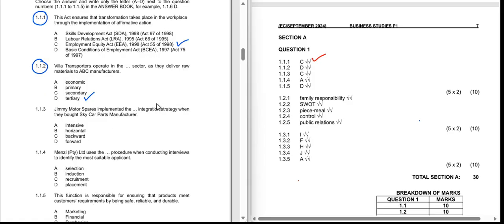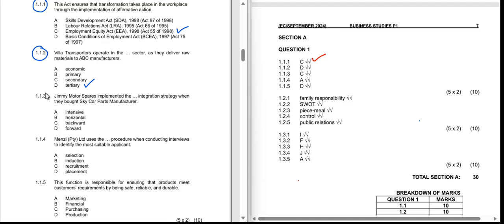I hope that's understandable. The next one, Jimmy Motor Spares implemented the dash integration strategy when they bought Sky Car Parts manufacturers. So Jim Motor Spares, it means this company is responsible for providing motor spares. That's what it means.